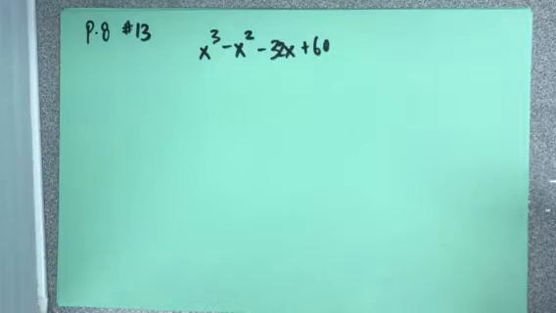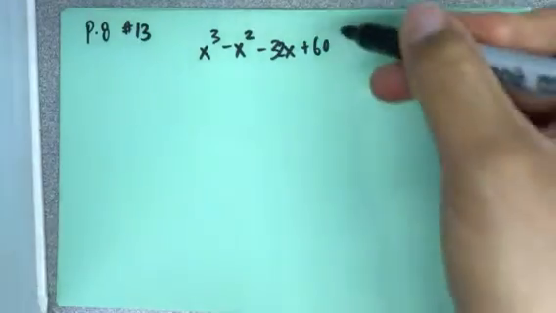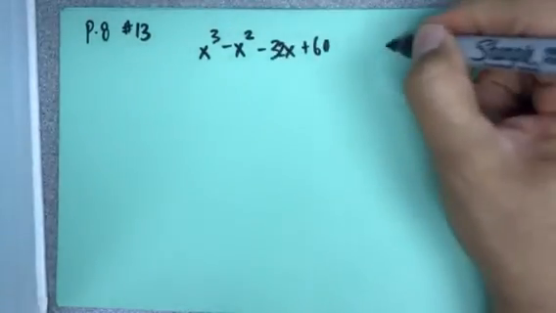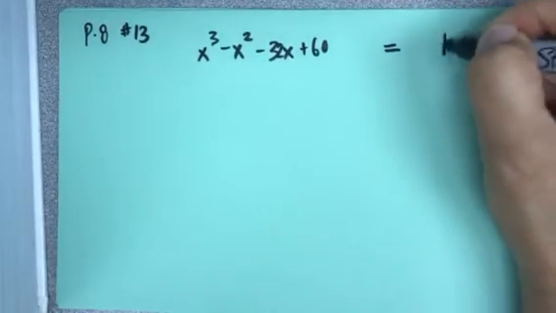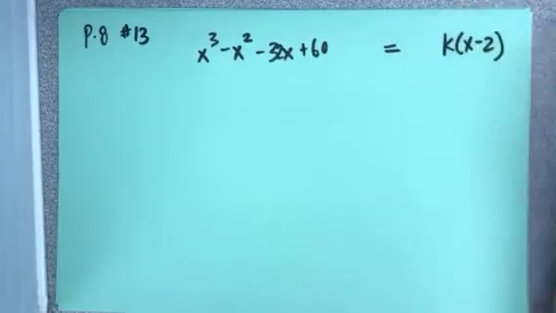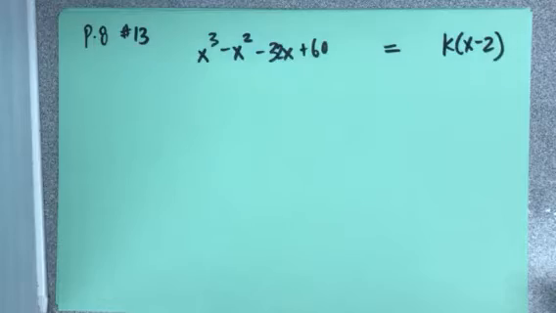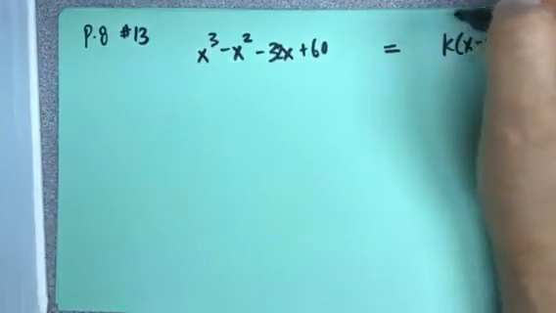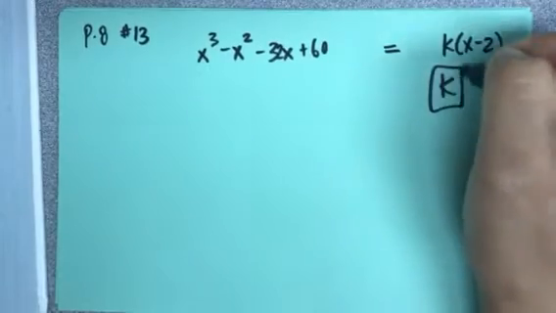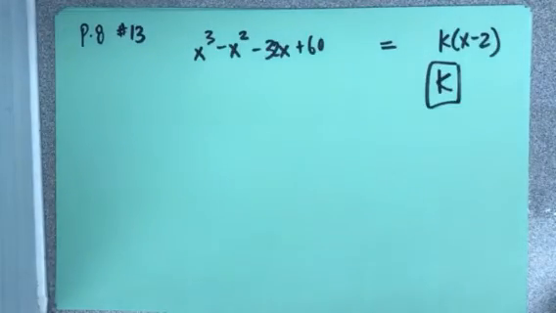Whenever you see the words equivalent form, that basically means this equals k times x minus 2. Which of the following is equivalent to k? So in the end, we need to find out what k is. I'm going to put that in a box so we know what we're looking for.